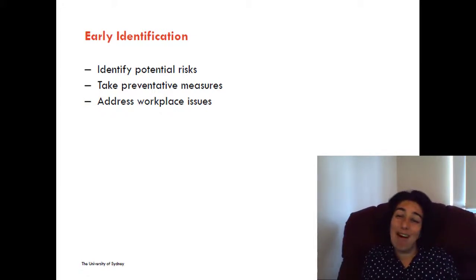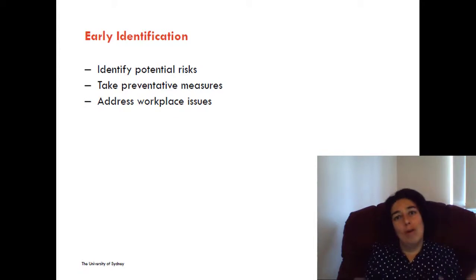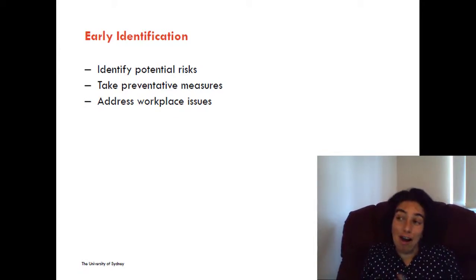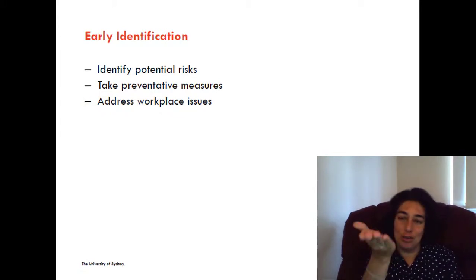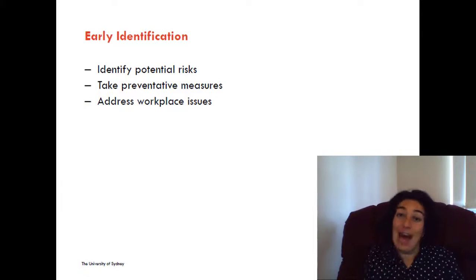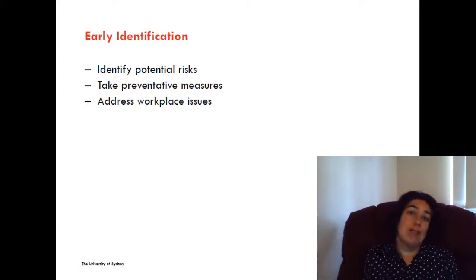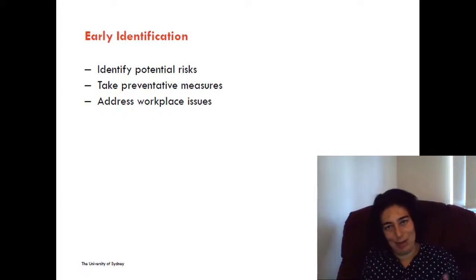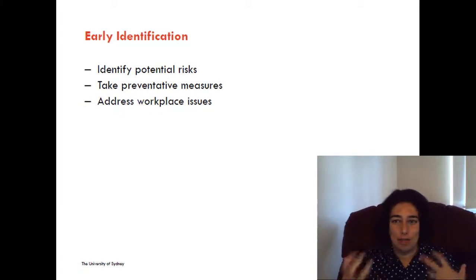It wouldn't be that hard for us to order a cart that has a way to raise and lower the height, right? Thereby reducing the amount of lifting you have to do with these coins, right? And so before anybody gets hurt, we manage that, take preventative measures, and address these potential issues.